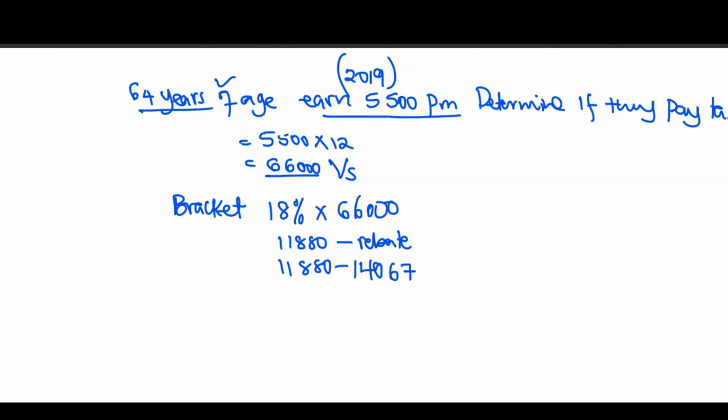You will have a negative number, which is negative 2,187. So the person does not pay tax. That's how we say it.